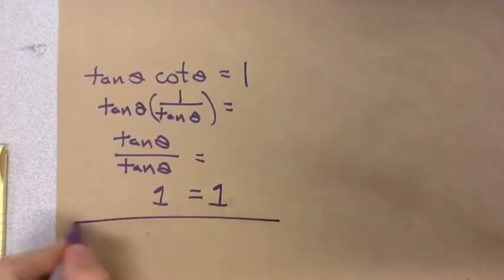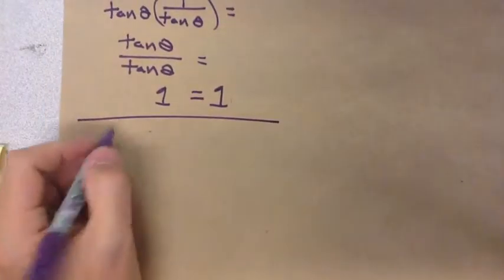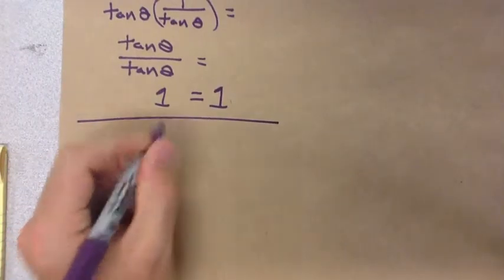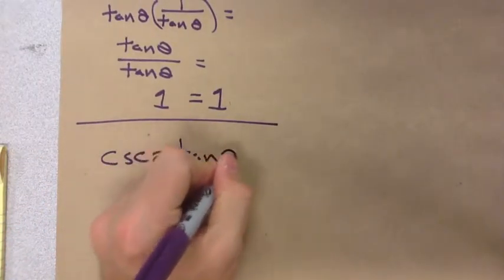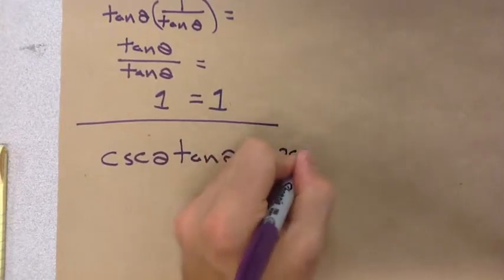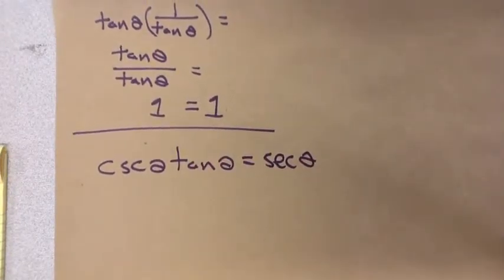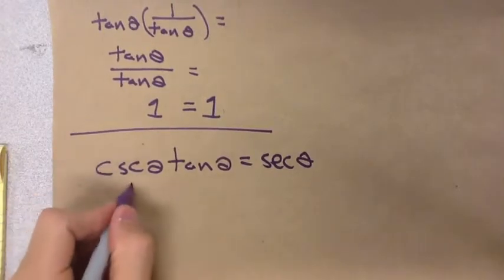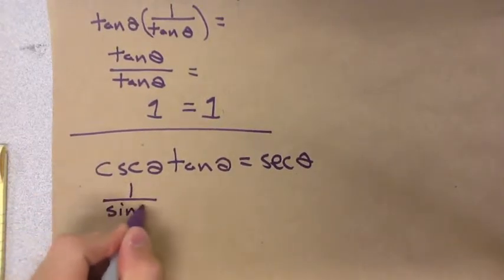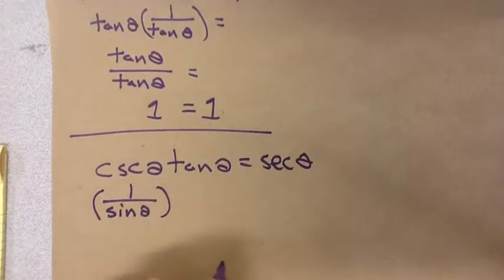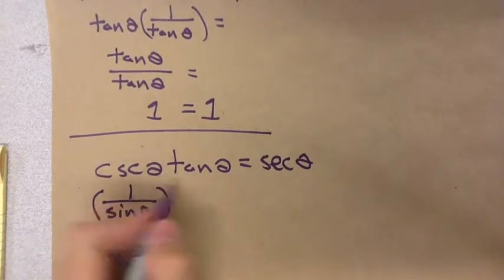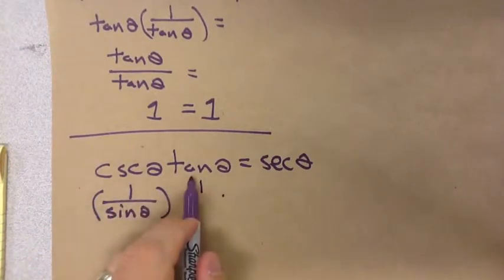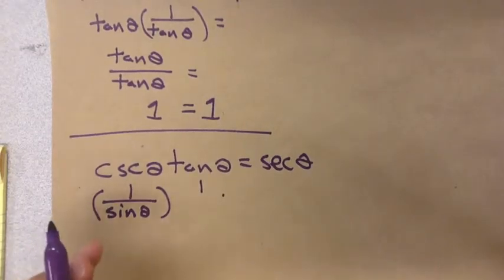Let's do another one here. What if I had cosecant theta times tangent theta equals secant theta? So let's think. Cosecant on our list is 1 over sine theta. And tangent on our list is 1 over cotangent theta. That probably doesn't help us.